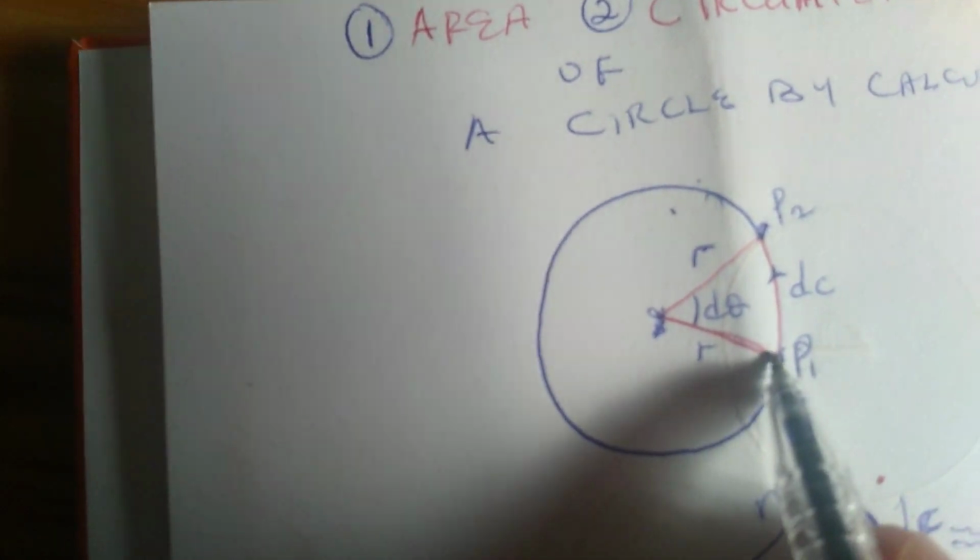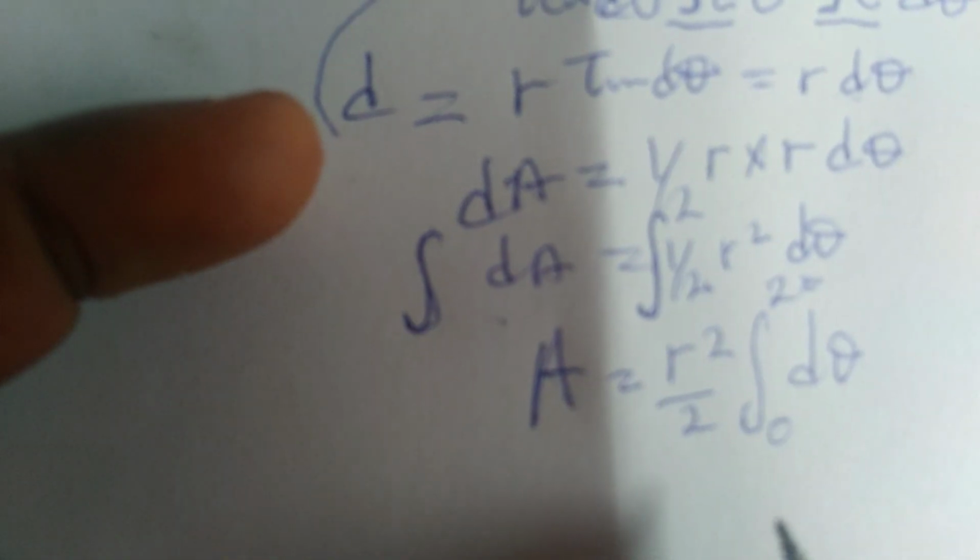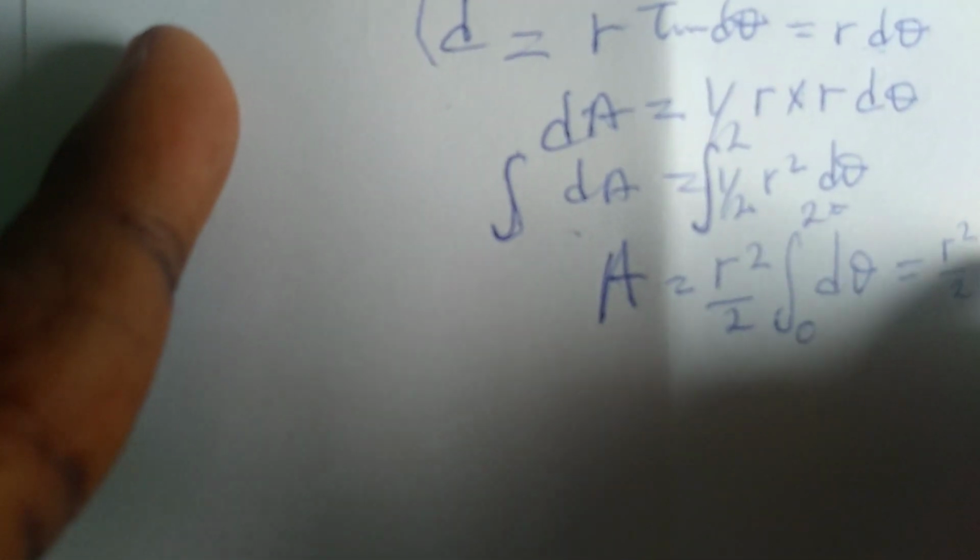As the radius covers the whole circle, the angle here will become 2π. So that's the idea of the limits of our integration. So when you integrate dθ, we have θ. So I'm having r squared all over 2 θ, 0 to 2π. This will be our limit.